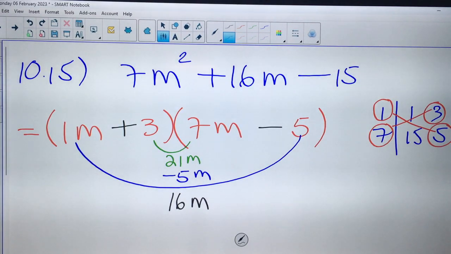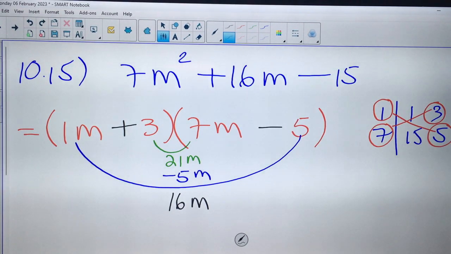I know this is a lot to take in. So for before Thursday, number 1017, 1018, so 1017 and 1018.